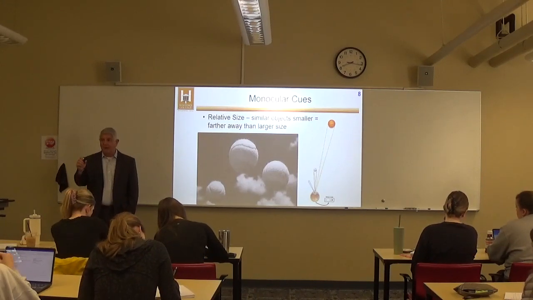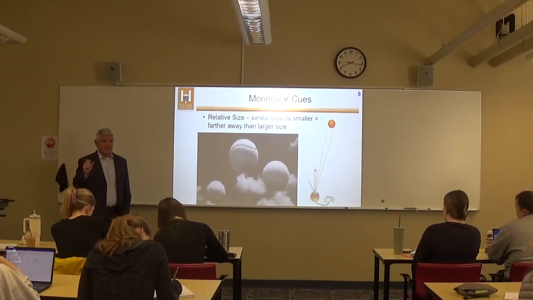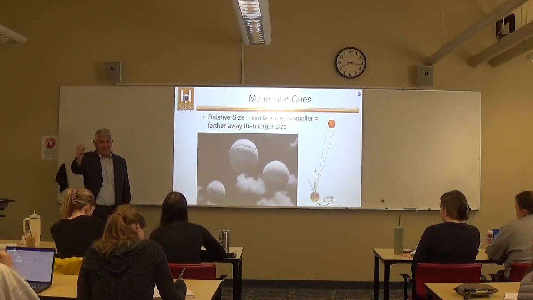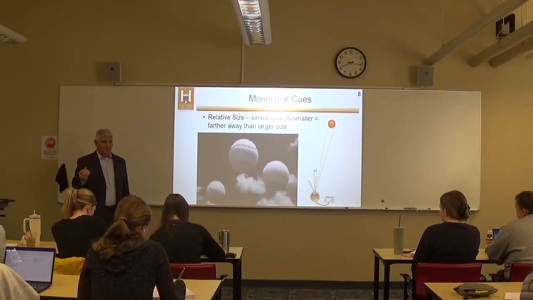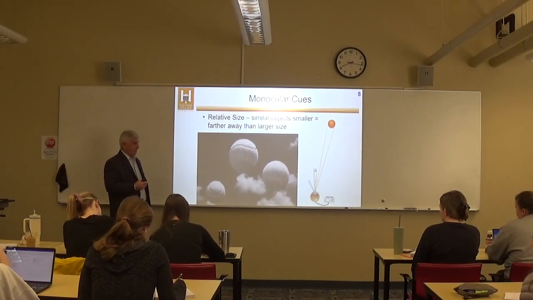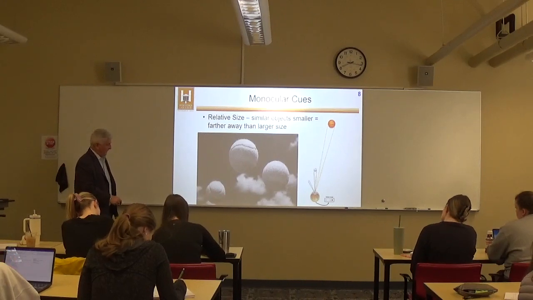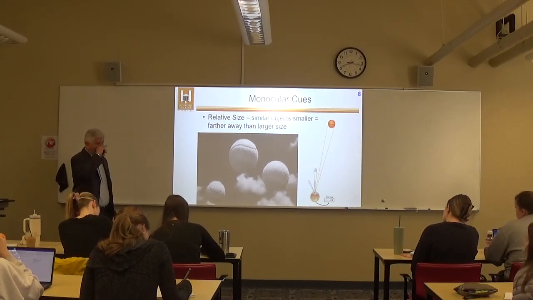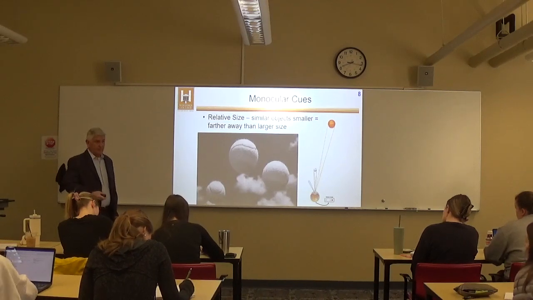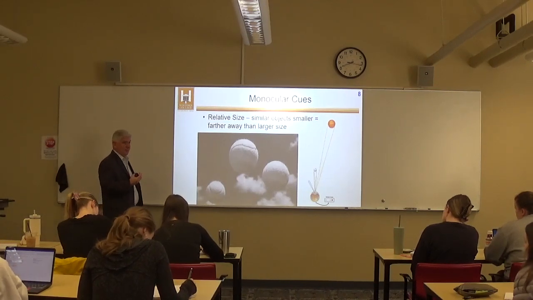Therefore, if we're not perceiving them as the same size, they must be different distances away from us. Because we know that distance and size are related. Even though relative height would say that should be closer, the fact that the size is different overrides that, kind of like the occlusion overrides the building.